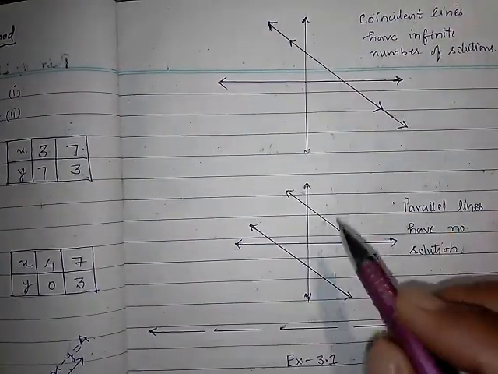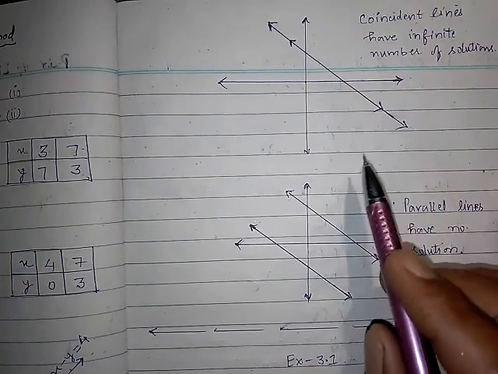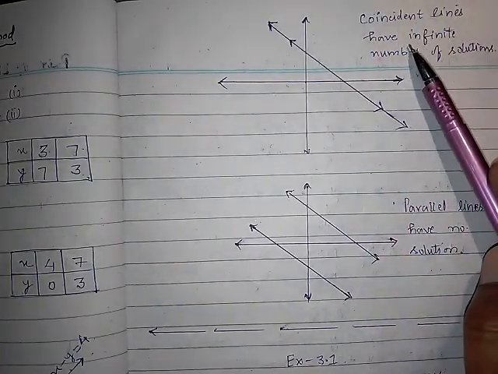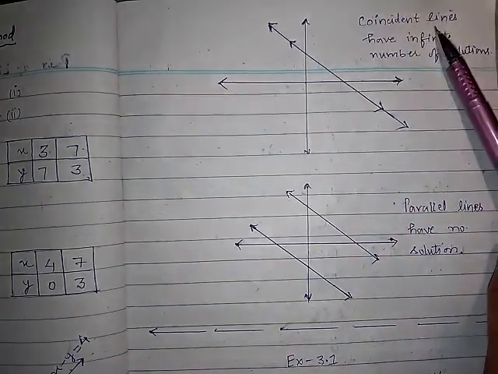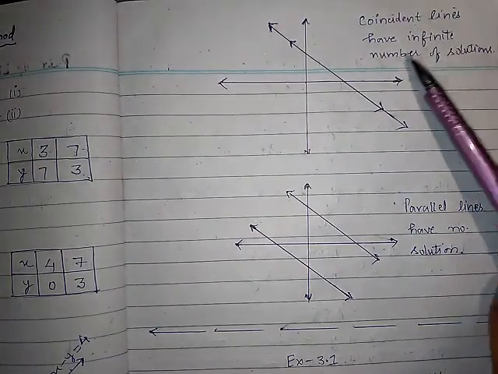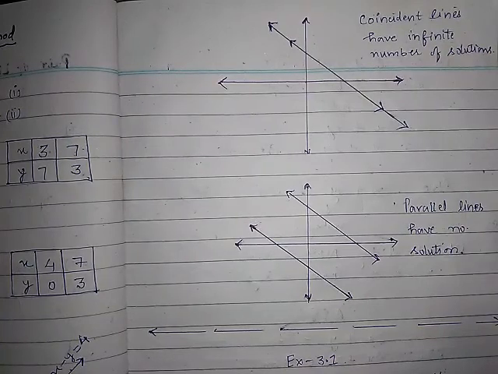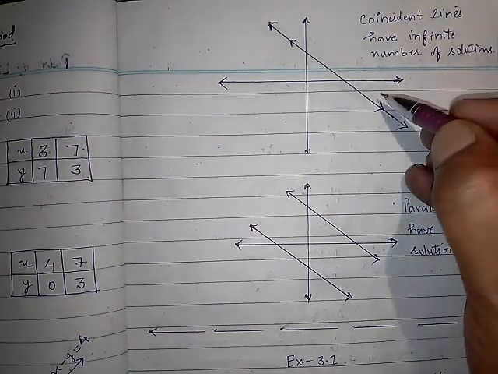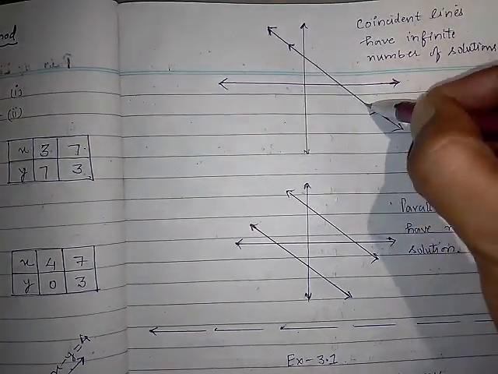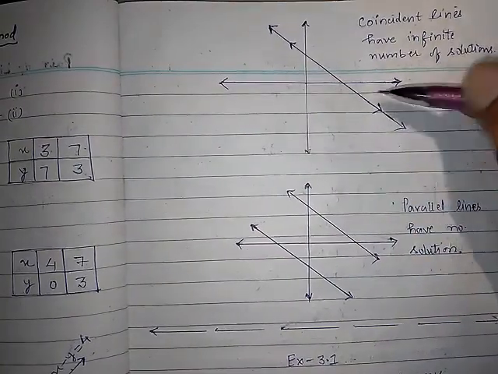Okay. Now what can you say about the number of solutions? See here what I have written: coincident lines always have an infinite number of solutions. So how can you say infinite number of solutions? If you go with the definition, solution means the common points. Common means, now have a look at this. This is a point which lies on both lines.